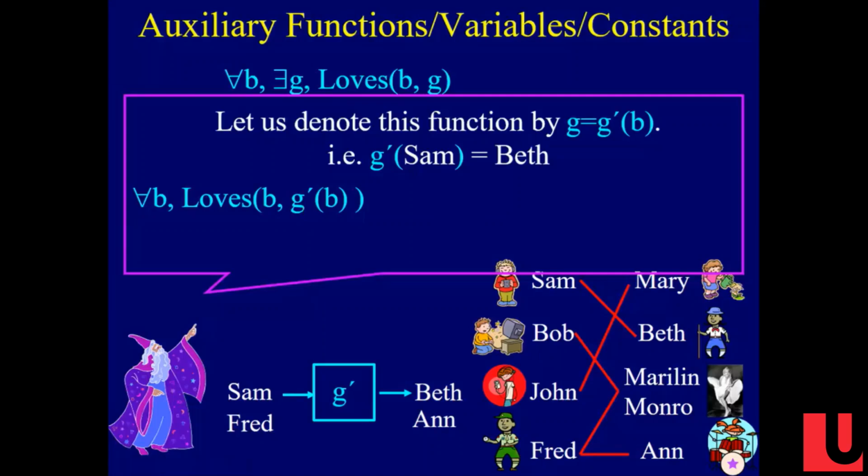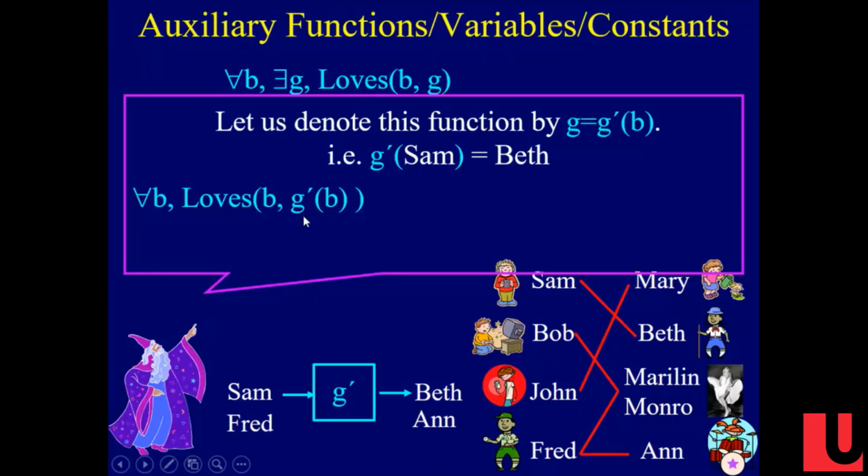In fact, let's do it first. I have an oracle G, such that any boy the adversary gives me, my oracle will give me a girl that boy loves. What am I assuming here? This is my A. I'm assuming A. What does A give me?